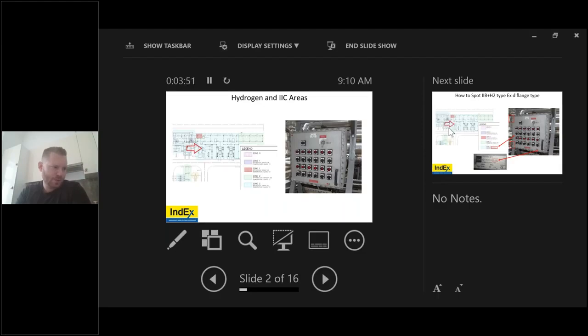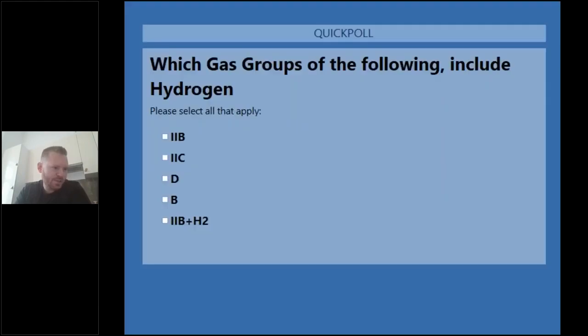Now, if I were to ask you a question, let's quickly ask everybody a poll. This is a multiple choice question. Can you please give your input on which gas groups you believe include hydrogen?